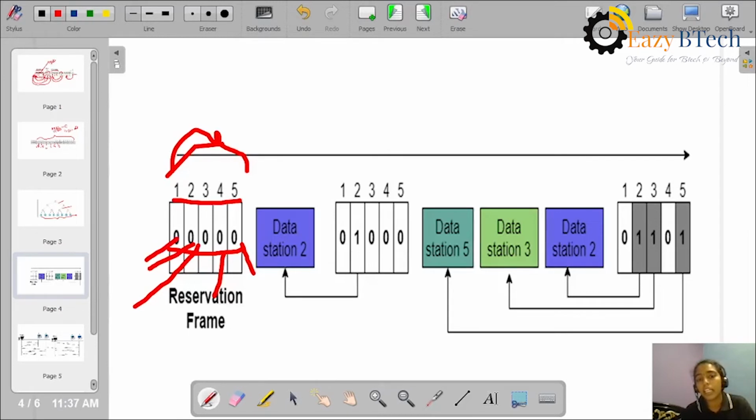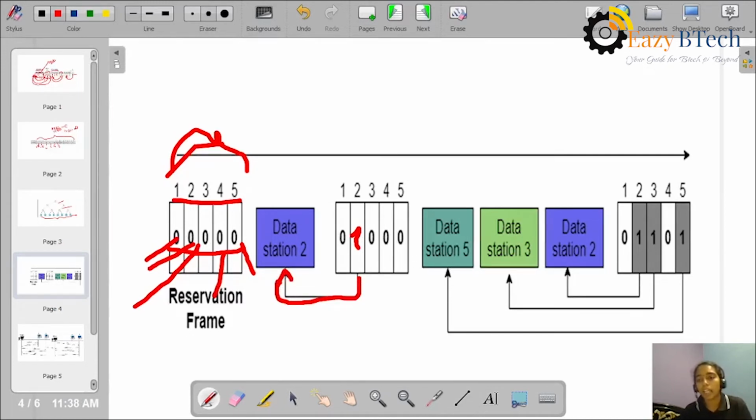So here station 2 wants to communicate. The request will be given to that channel. It allocates like a bitmap protocol, so it allocates the channel to station 2.